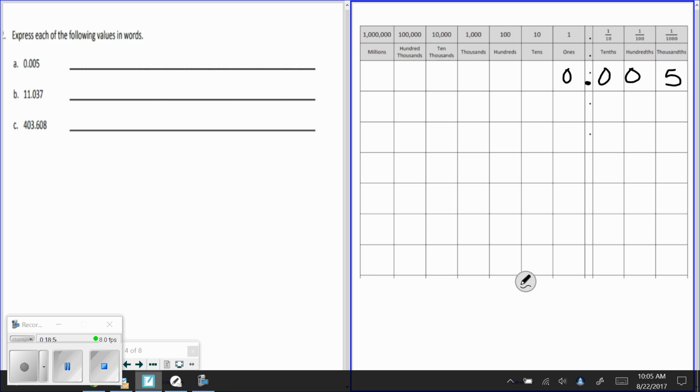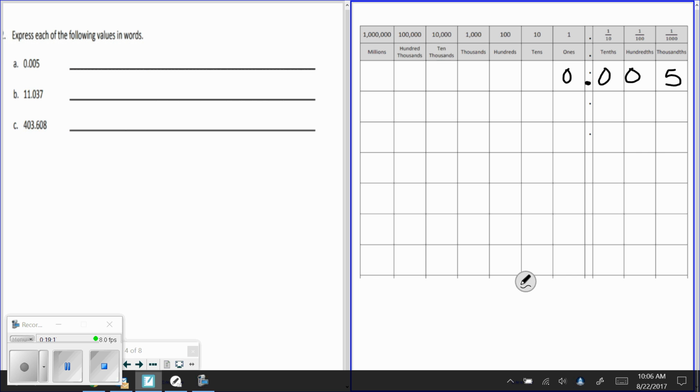And so I look and see what I've got. I look and see where my last number is. I have to remember that behind the decimal, it takes the name of the very last number behind the decimal. I've got nothing in front of the decimal, so I don't have to say 0 and.